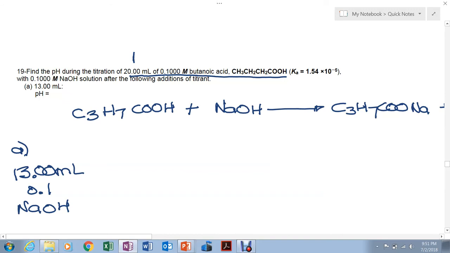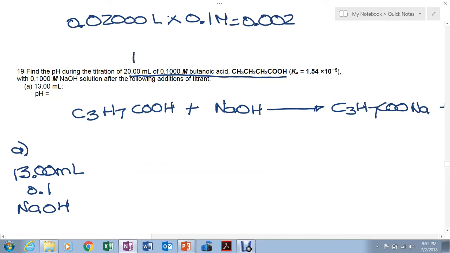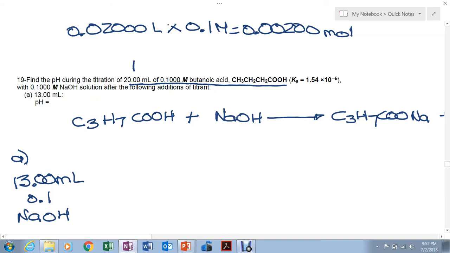So let's calculate the number of moles of the acid: 0.020 liters, right? 20 milliliters, I always double check, multiplied by 0.1 molar equals 0.002 moles. And that's the amount of acid you're going to have during the whole titration.